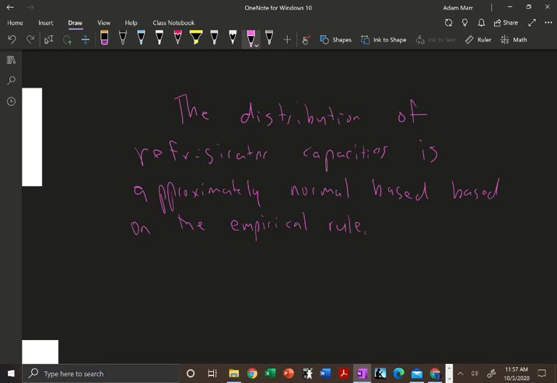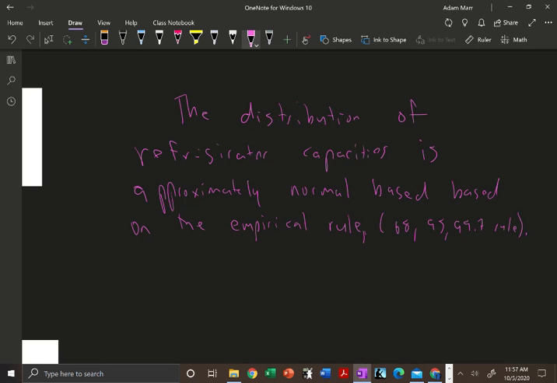Okay. And you could just put, if you want to, in parentheses to back that up, that's, of course, right here, the 68, 95, 99.7 rule.